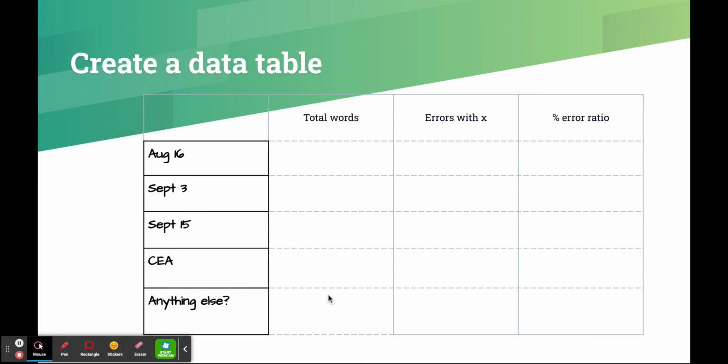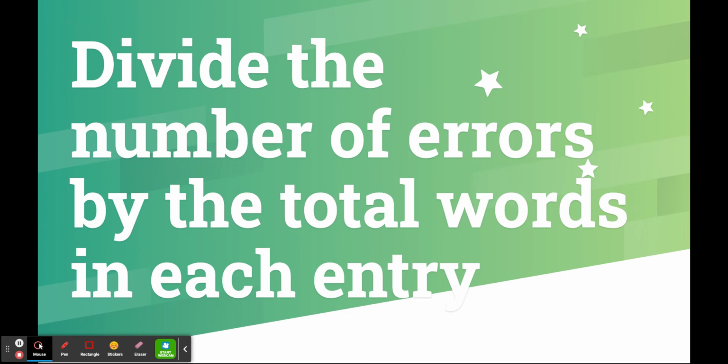So once you have your total words and the errors with that colored skill, we can move on to calculating the error ratio. To do that, we divide the number of errors by the total words in each entry. It's going to give us a decimal point score. So let's say I had 7 errors out of 321 words.